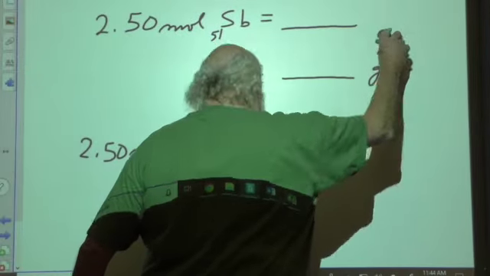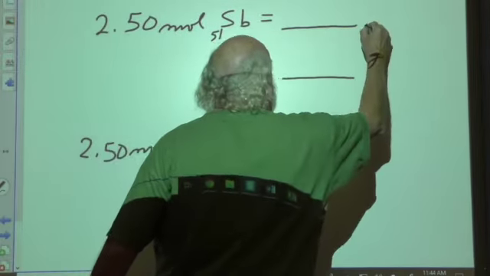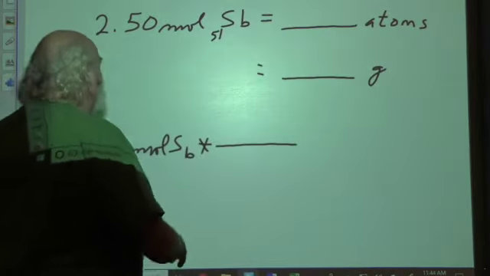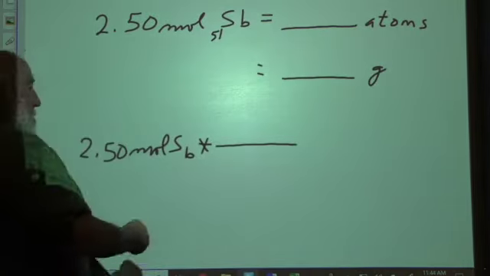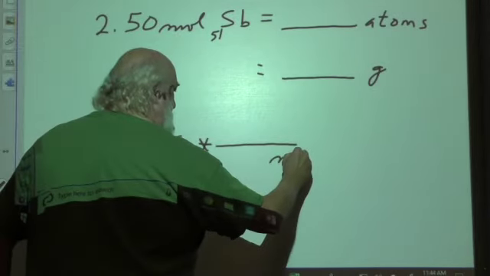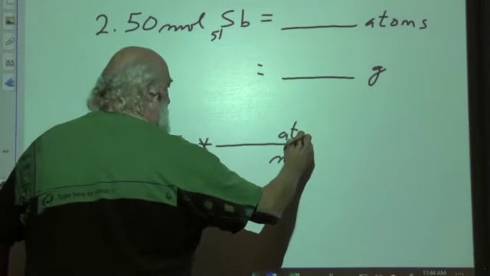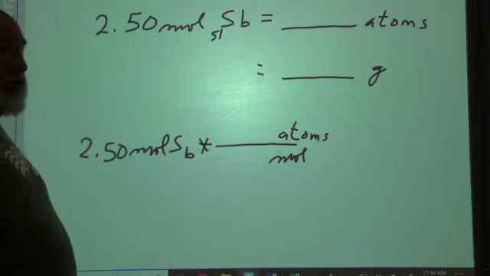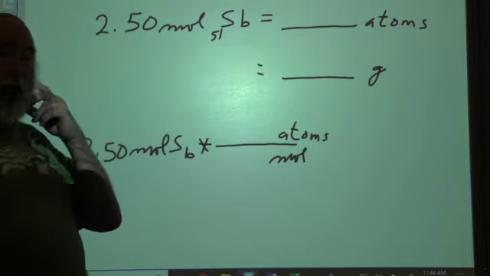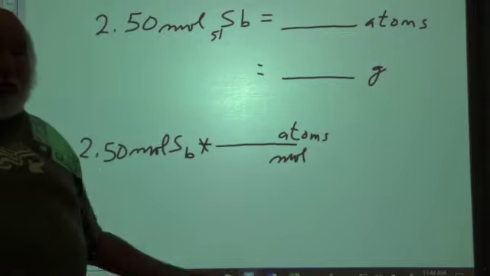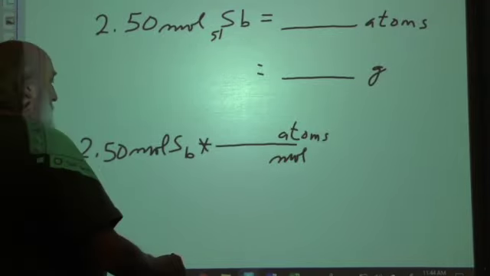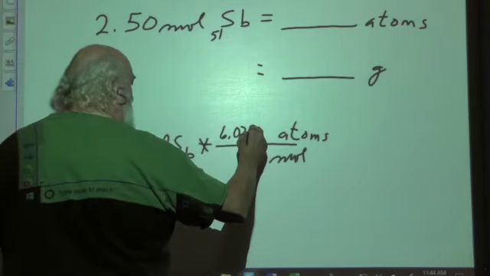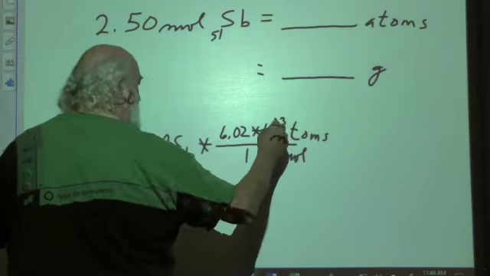There should be atoms up here. Since we want to get rid of the moles, we put moles down here, and we want to go to atoms here. We now have a conversion, and we know that 1 mole means exactly 6.02 times 10 to the 23rd.